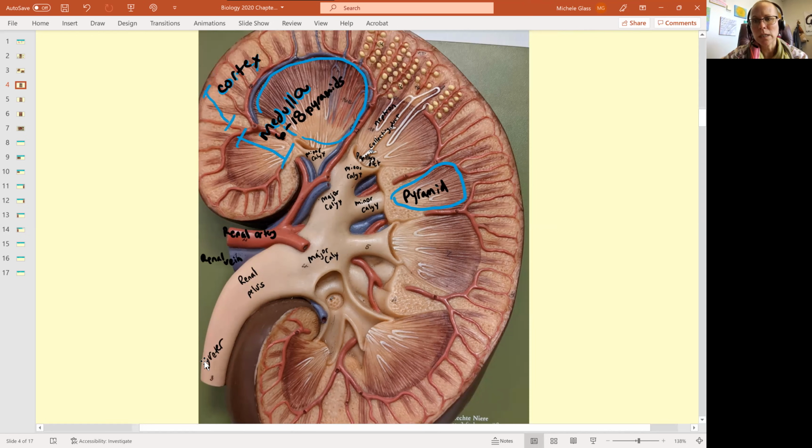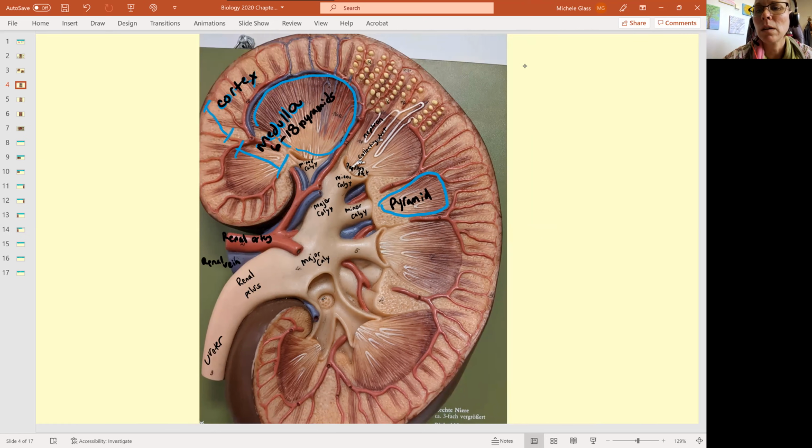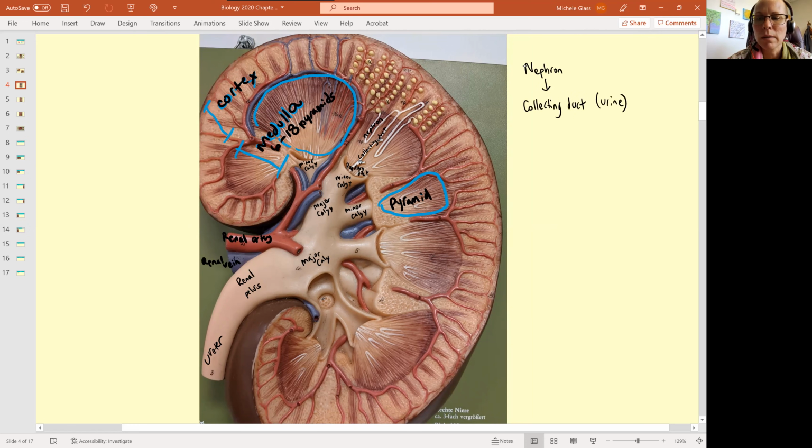So if we did this again, we'll see that the fluid is produced in the nephron, feeding into collecting ducts. It's actually at the collecting duct that we're going to be calling this fluid urine.